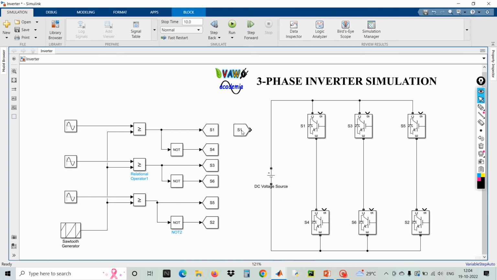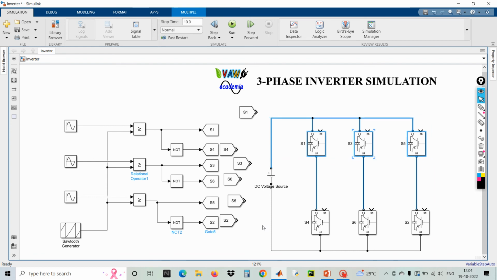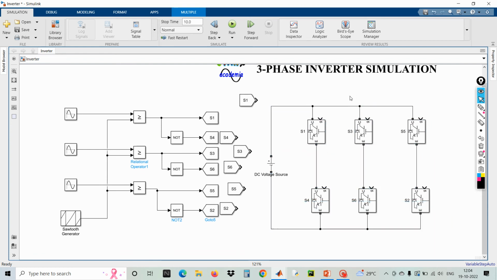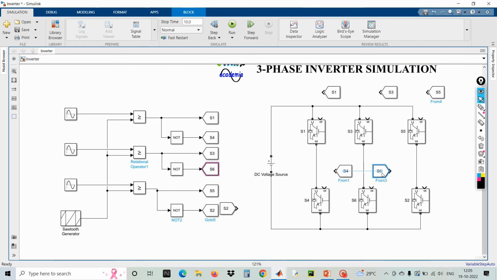The corresponding From tag I can take from Goto. So the corresponding S1 is given to the corresponding switches accordingly.